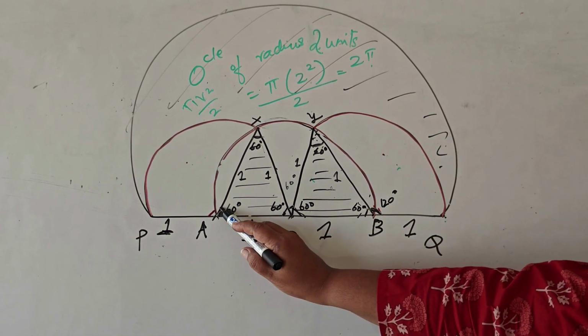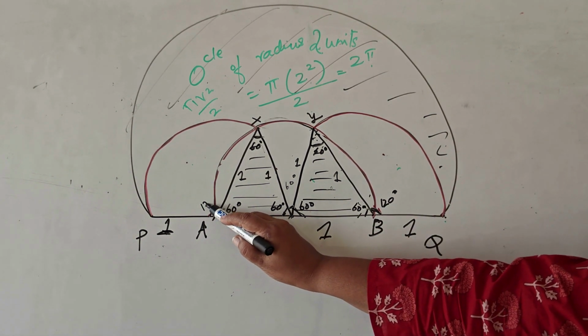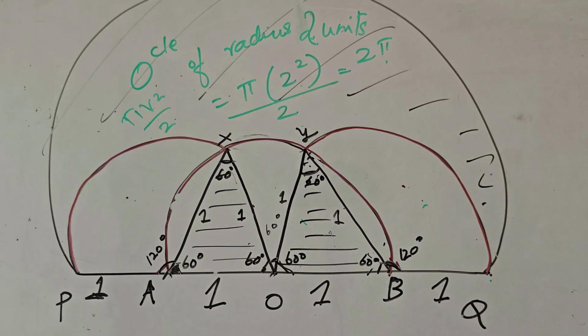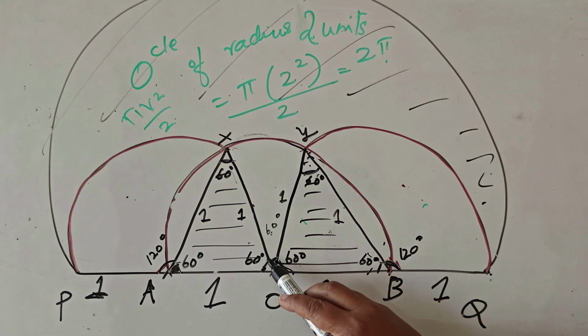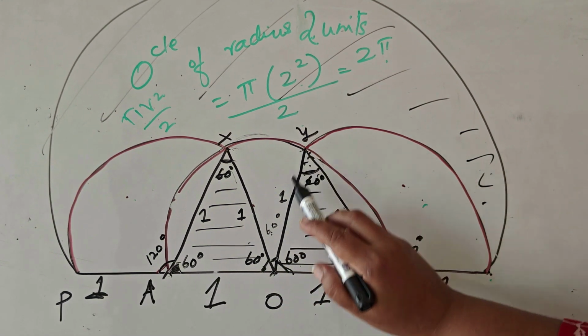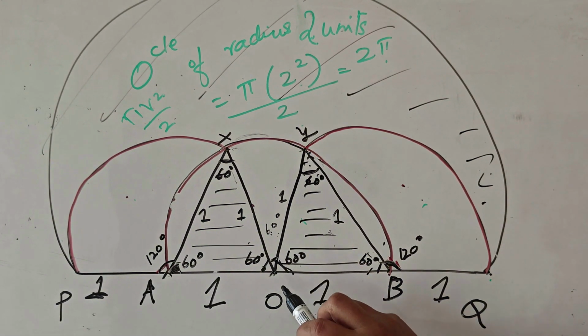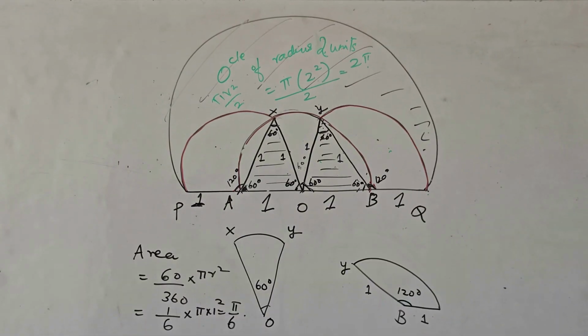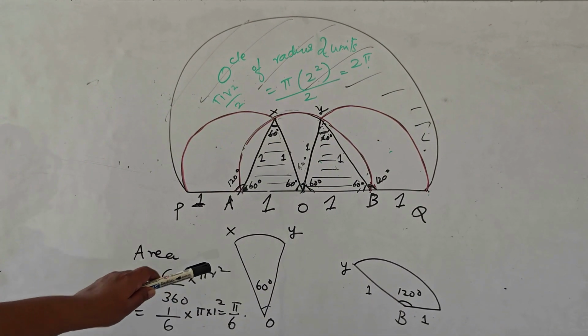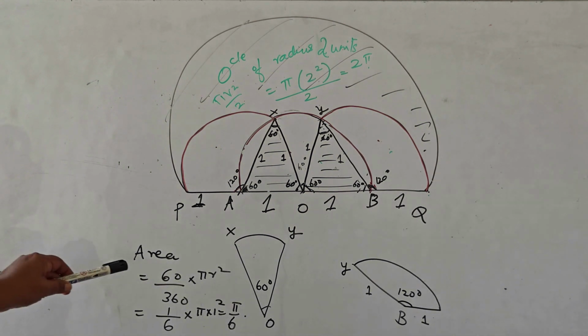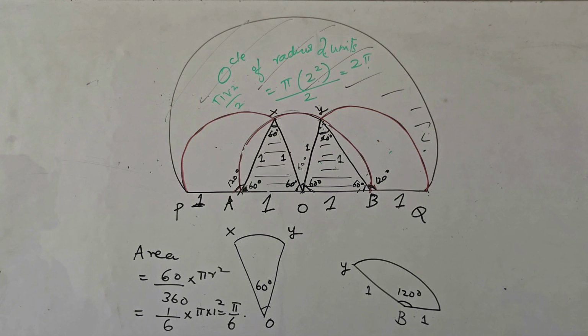Similarly, from this line here, it is 120. At the center, you now have a sector having an angle of 60 degrees. The area of this particular sector XYO is given by 60 by 360 into pi r squared, which will give us a value of pi by 6 unit square.